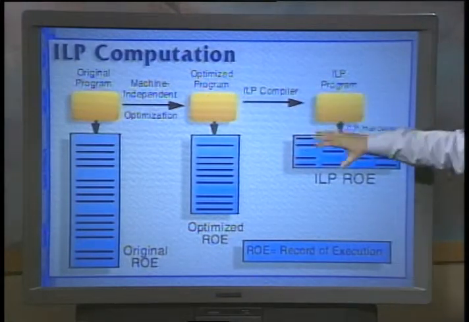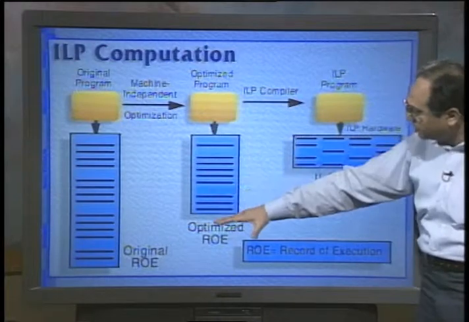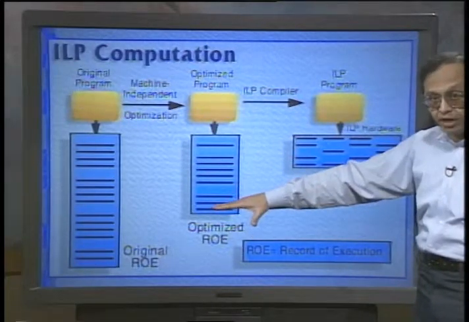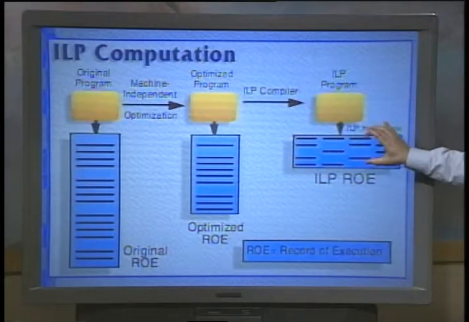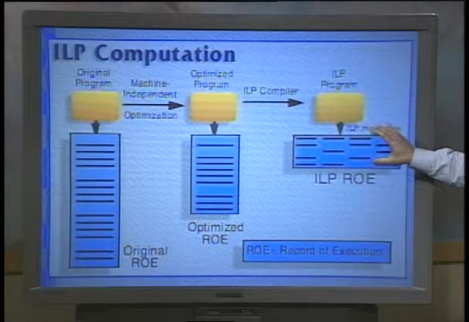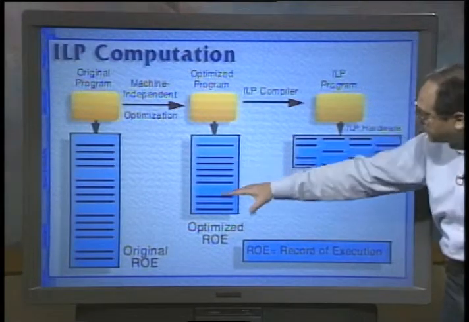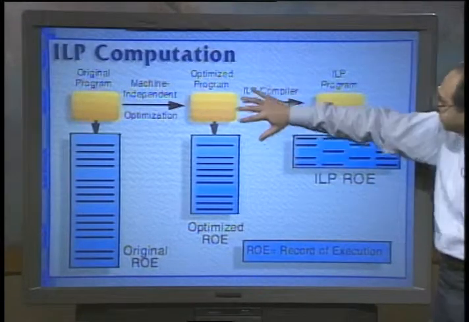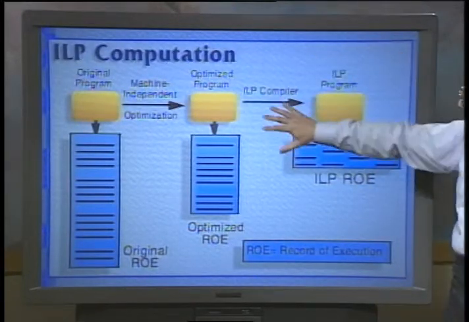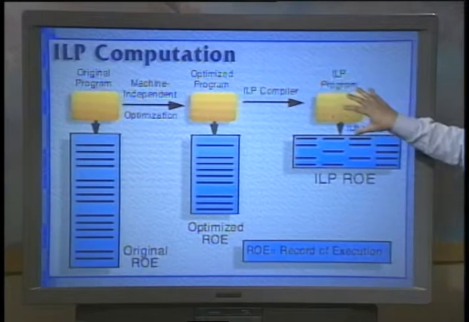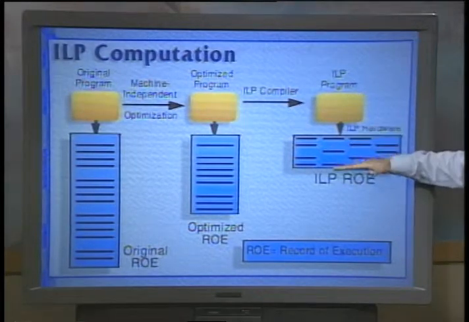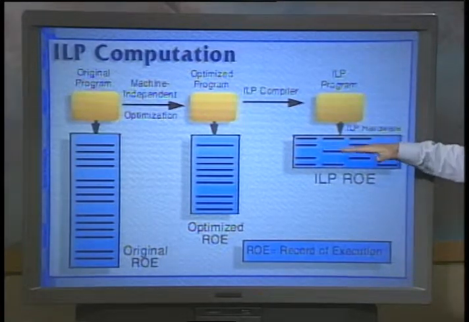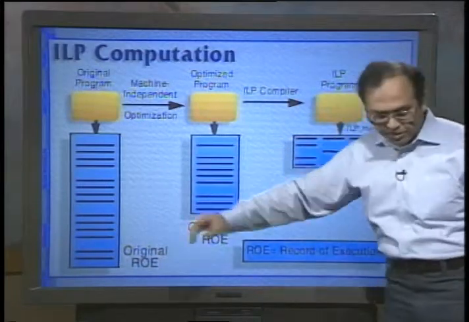But beyond that, it attempts to take this record of execution, which is relatively long, and to compress it to a shorter record of execution by executing multiple of these in parallel. So what we'll be looking at is primarily this part of it. How does one, between the compiler and the hardware, achieve this style of execution, this record of execution, rather than this one over here?